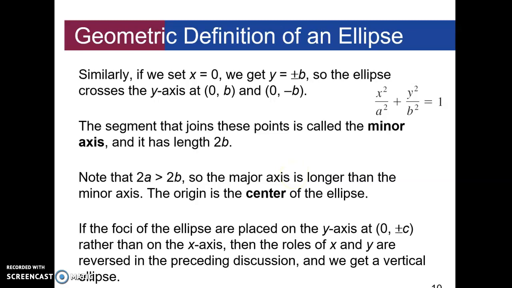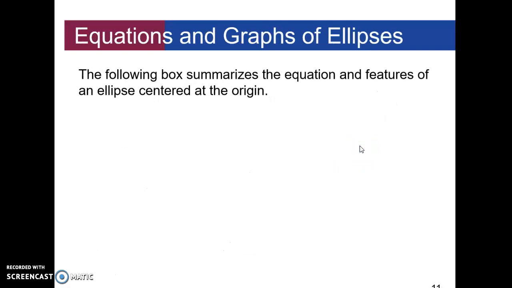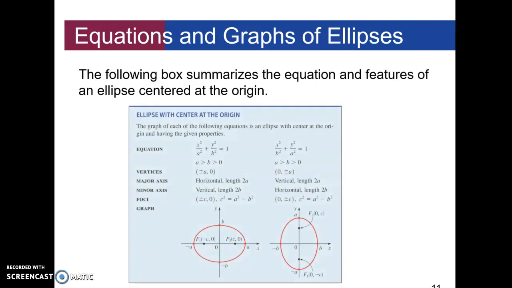So this next slide is crucial because it summarizes everything we're discussing here about the characteristics of ellipses and their equations. I would suggest that when you're watching this video, you pause a moment and copy this down. Notice the equations. On the left, we have a wide ellipse.